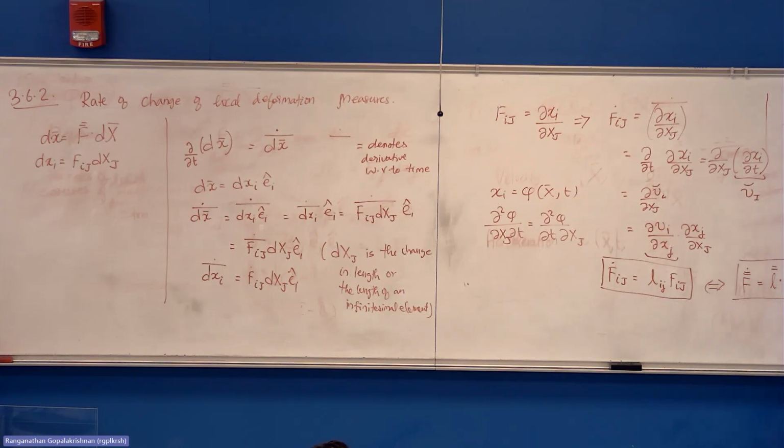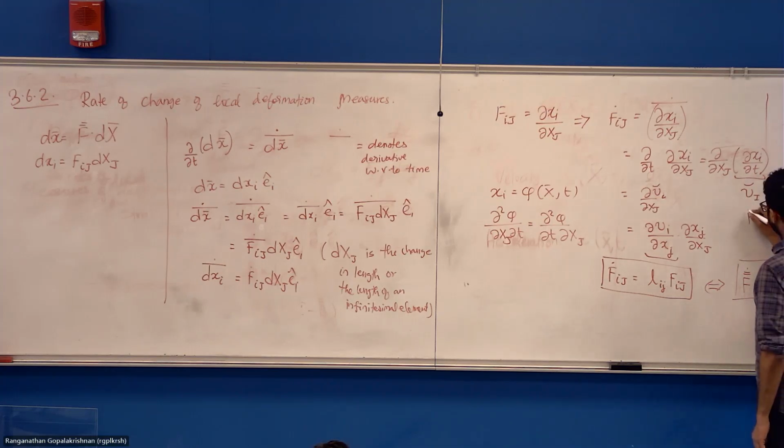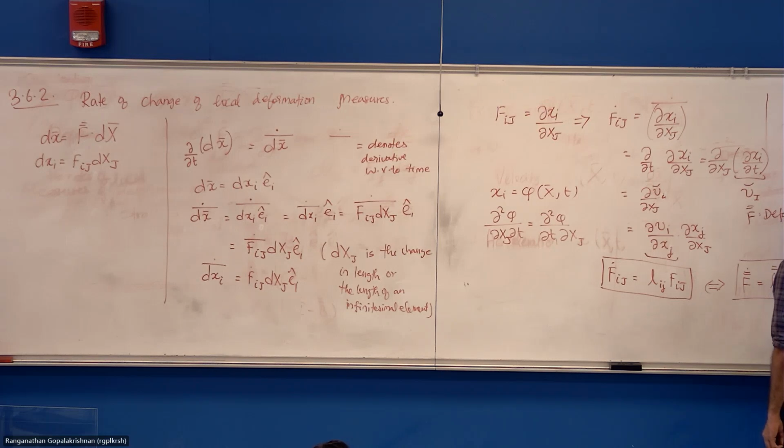So I'll give the names here. F is the deformation tensor. L is the velocity gradient. See, if you understand everything perfectly, we don't need to repeat this, or say whether this is a mixed order tensor, or a spatial tensor.